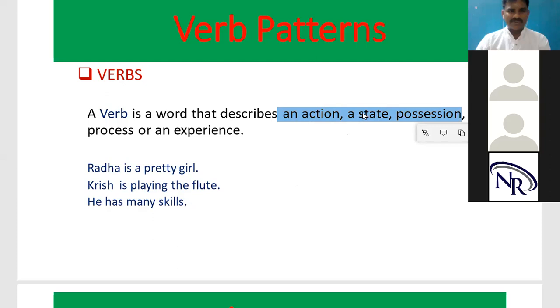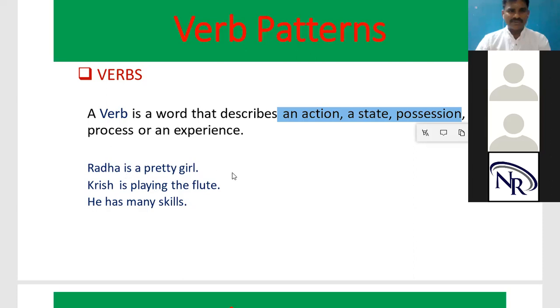For example, I was a student, it was my past status. Now I am a teacher, my present status. I will be a writer, future status. Here observe was, am, will be. These are states of being.